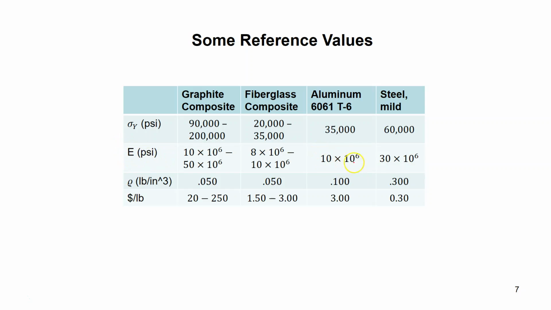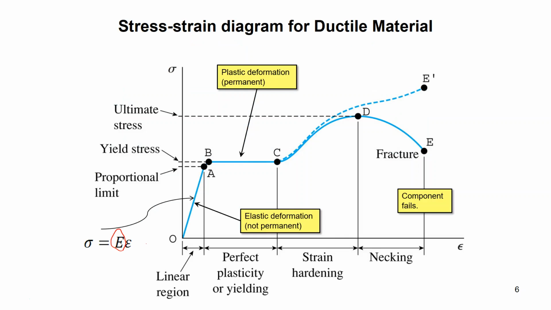So that's this E, which you can see for aluminum and steel, and these are ranges for other materials like fiberglass and graphite.